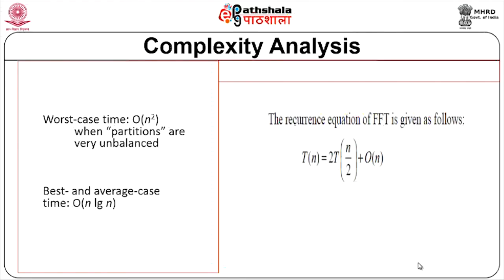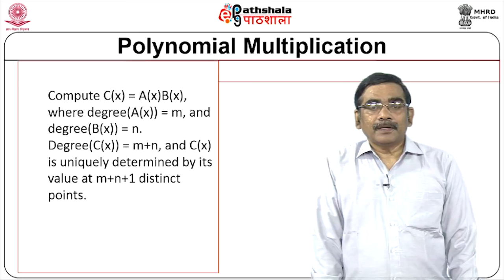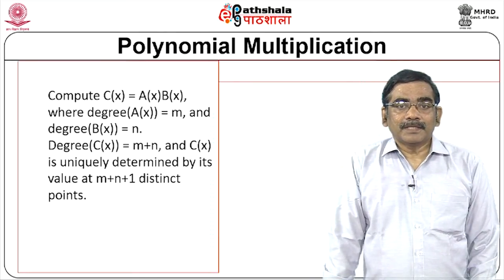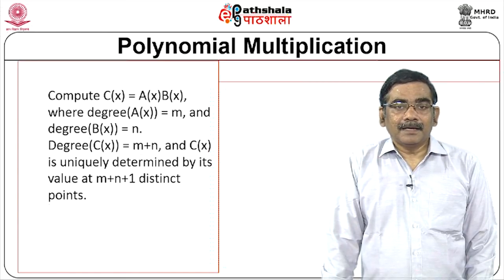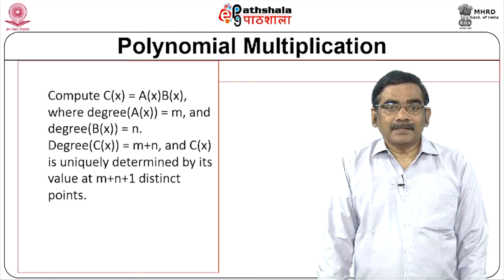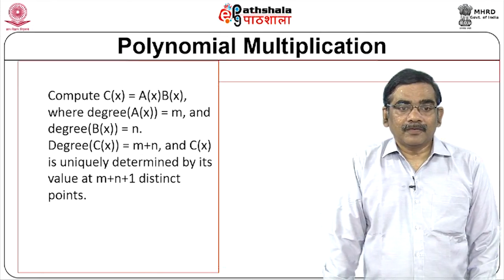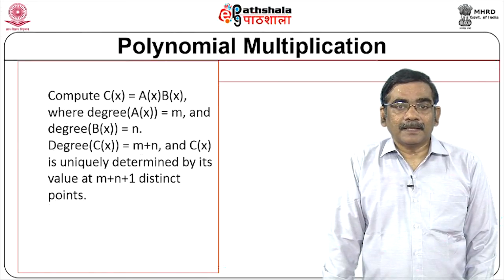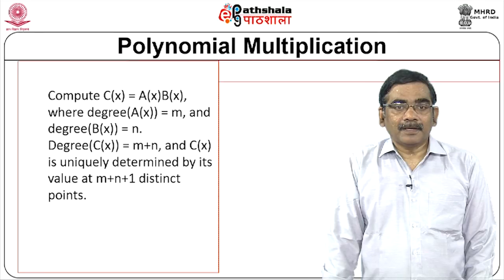So, in short, this is the way in which the FFT can be applied. Now we are going to apply this for polynomial multiplication. We are going to take two polynomials A(x) and B(x), and the degree of A is going to be m and the degree of B is going to be n. Therefore, if we multiply these two together, we will get another polynomial of degree m plus n.